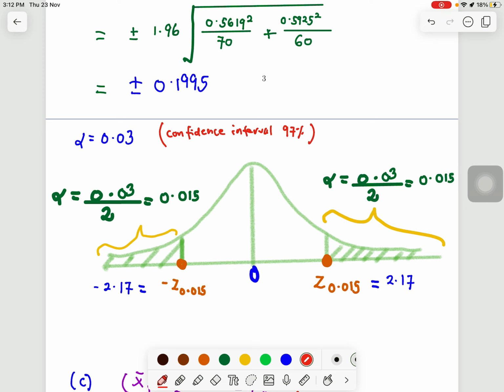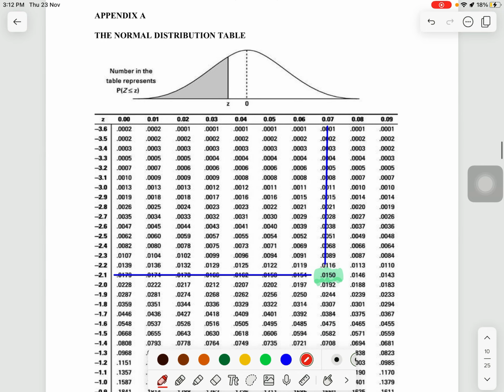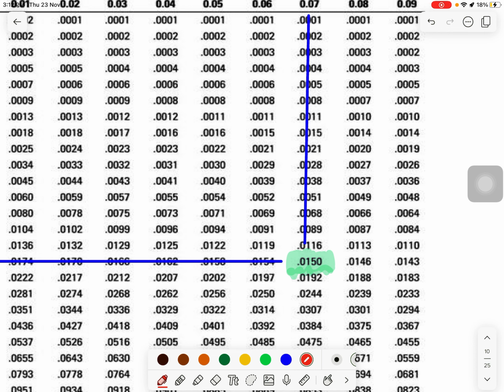It's up to you to refer to which table, positive or negative. But as for me, I prefer the negative table. So I try to get the area which is nearest to 0.015. So I refer to table Z, negative 0.05. Yeah, the exact value here. So here 0.015.